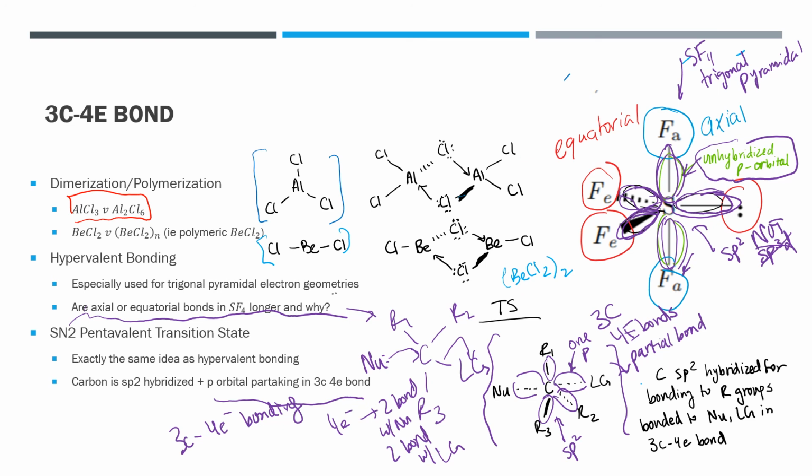So both of the bonds are going to be smaller, right? Sorry, not smaller, larger. The carbon to the leaving group distance is going to be big. The carbon to the nucleophile distance is going to be big, because we only have one p orbital from the carbon interacting with both of these, or bonding to both the leaving group and the nucleophile.